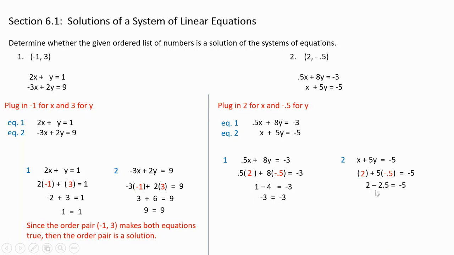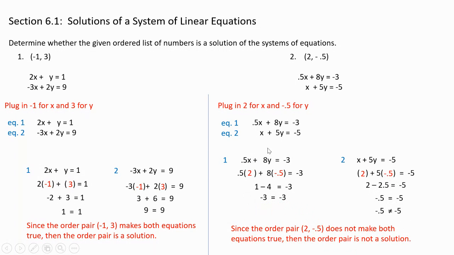After we simplify the left side, it gives us -0.5 equals -5, which is not true. They're not equal. That means the point 2, -0.5 is not a solution of the system of equations. So number 1 was a solution, and number 2 was not a solution.